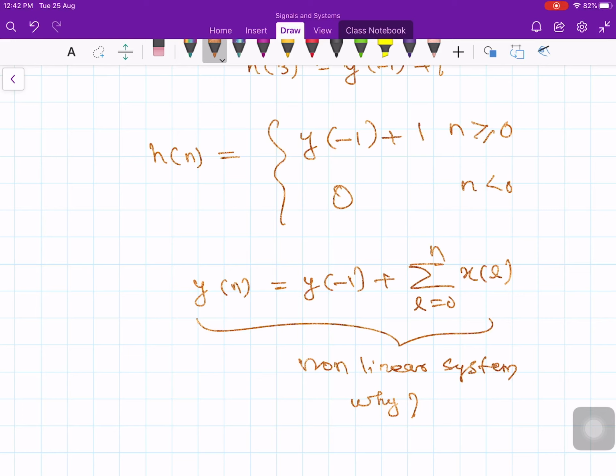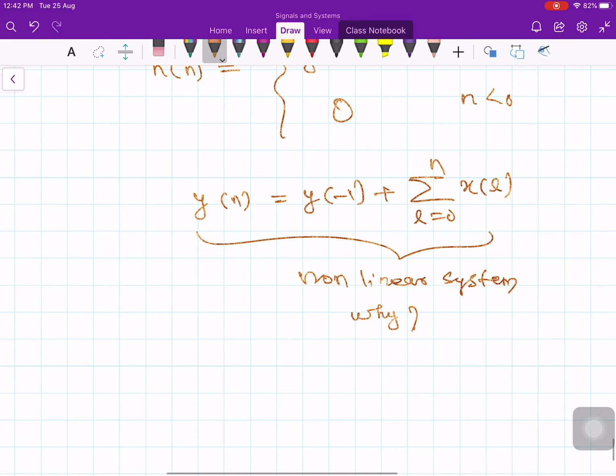So, non-linear systems do have an impulse response, but you cannot use the convolution property, and things like the linearity property, time invariance property, homogeneity and additivity will not be valid.